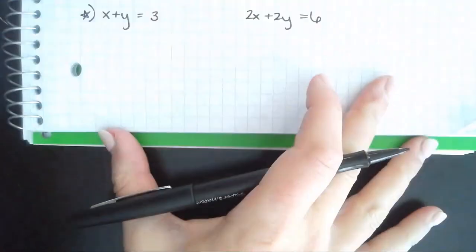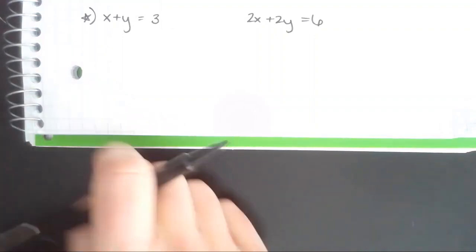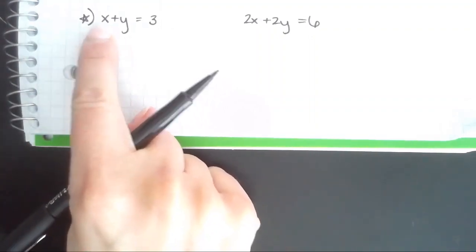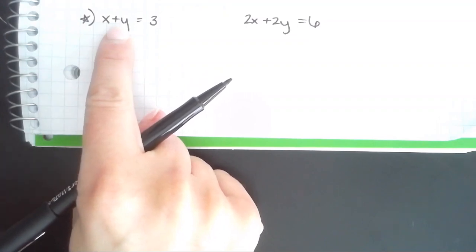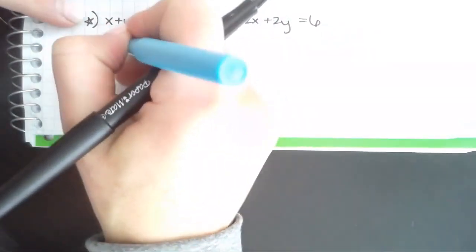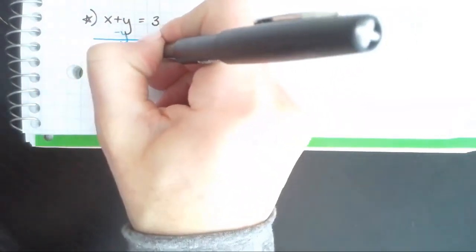Looking at this, I would say this looks like something I could use substitution on, because I could get one of these by itself very easily, right? So let's use substitution. Let's subtract y from both sides, and I get that x equals 3 minus y.